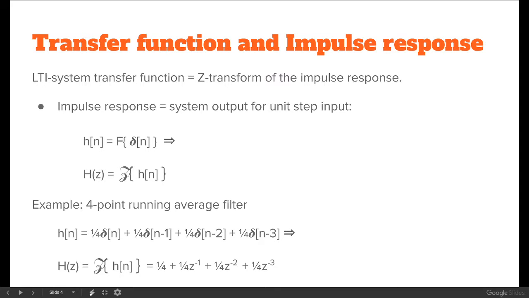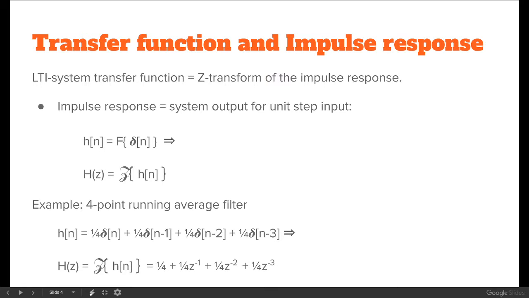Transfer function and impulse response. There's a nice relationship. Actually, the transfer function is the same as the Z transform of the impulse response. So if you put an impulse in, you get the impulse response out, and from the impulse response you can easily get the transfer function just by taking the Z transform of the impulse response.